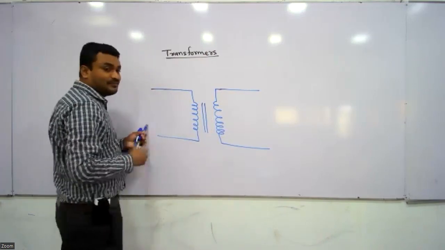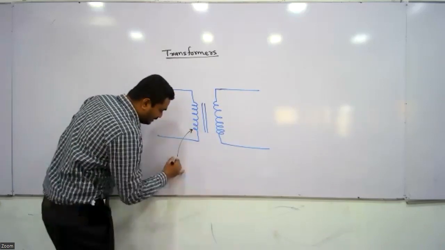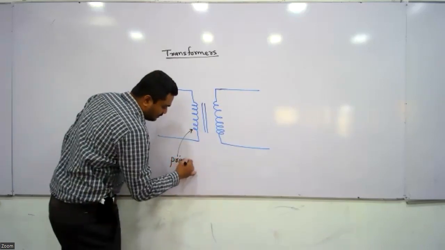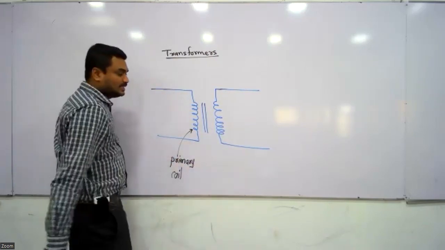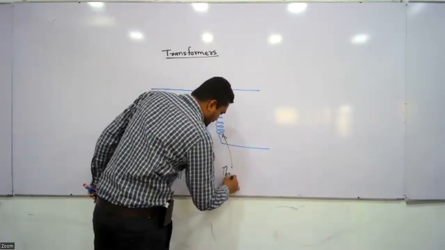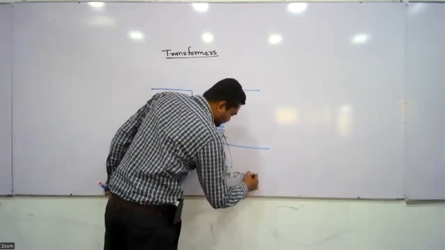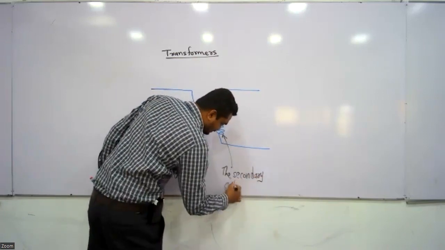The first coil is said to be the primary coil. This is said to be the secondary coil.